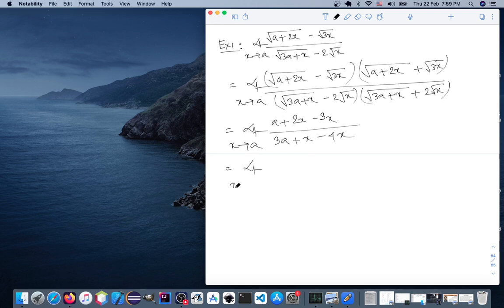This becomes a minus x in the numerator divided by 3a minus 3x.